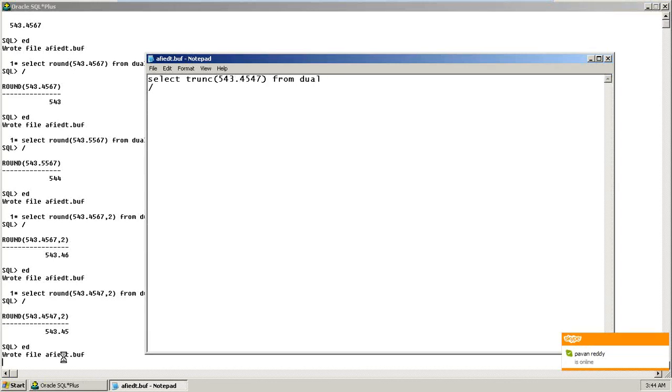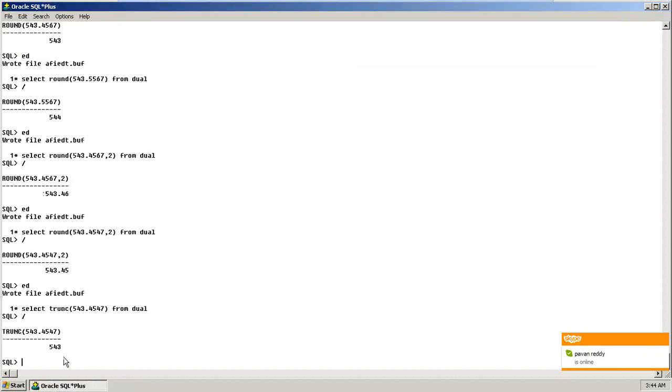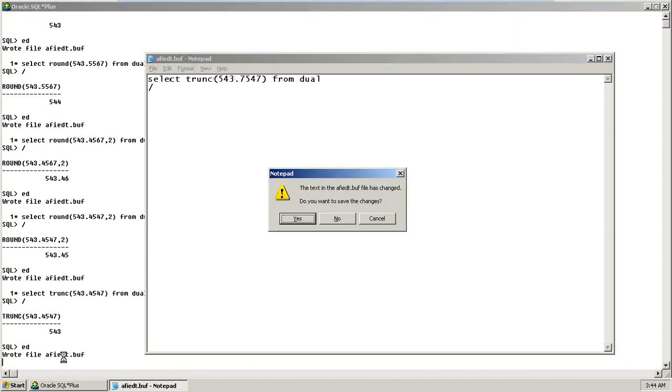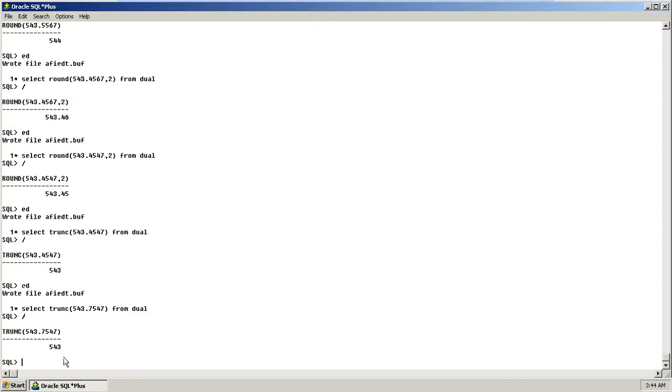With just trunc of a number, it eliminates the decimal values, but it is not going to the next highest. Even though it is 7547, it's not rounding, it gives the same value 543.